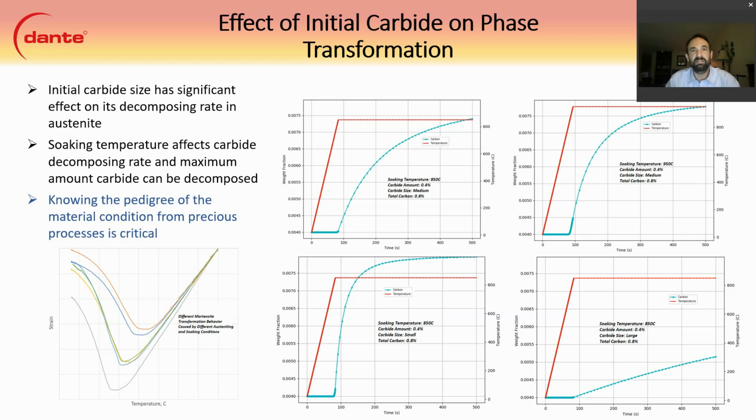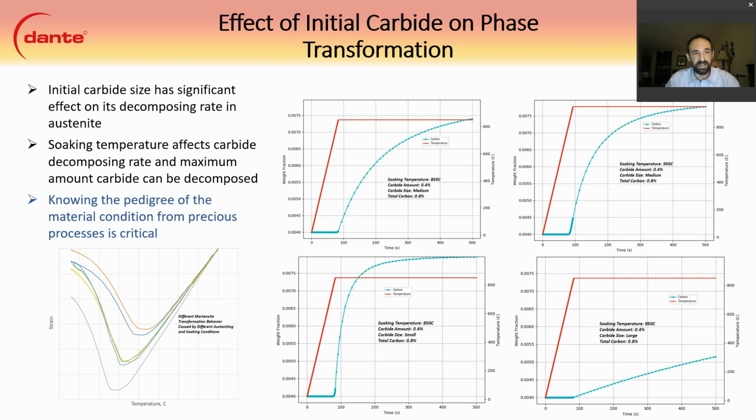So understanding this initial carbon in carbide is important because it has an effect on the martensite transformation behavior. So the more carbon you have, the more hardenable your material is. The figure on the bottom left is different carbon levels and the behavior on the MS and the strain.